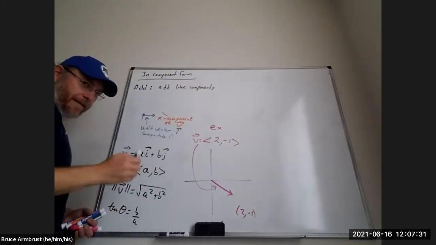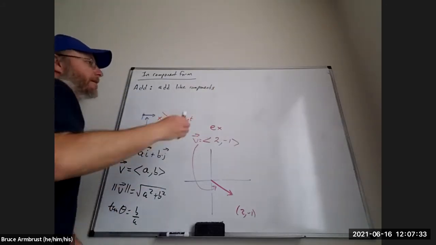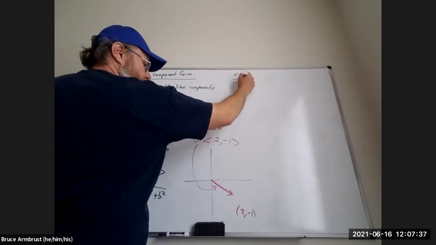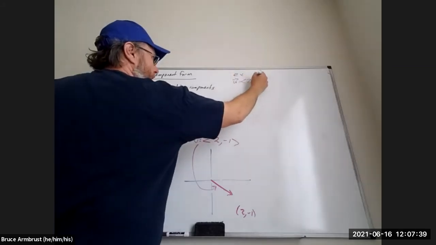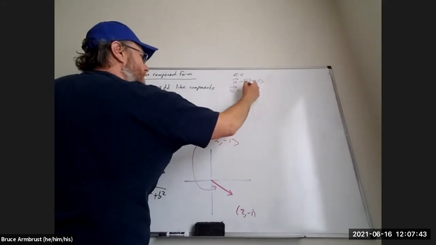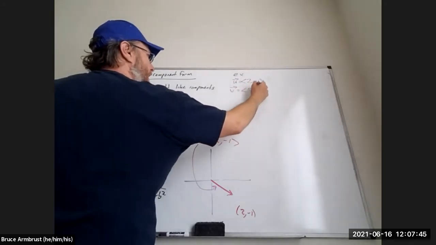And to show you what I mean, let me give you an example over here. Let's say we've got u is <2, -1>, so we'll use this guy right here. And then let's say v is <5, 3>.